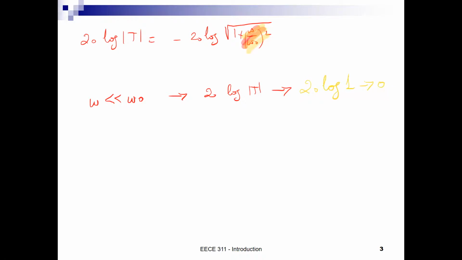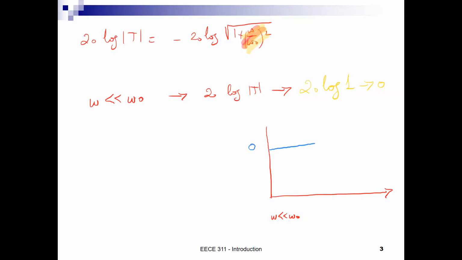Okay? And so if I want to draw the Bode plot here, I want to start to draw the magnitude Bode plot, and I'm going to say omega very small. Okay, I'm going to start with a magnitude which is 0 dB, right?